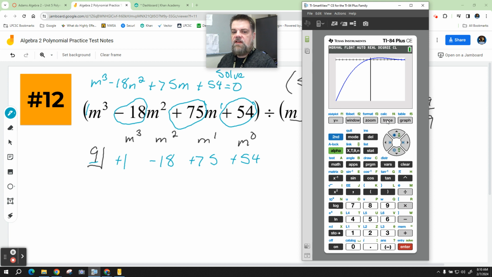Now, one way to check for sure is if I hit trace, hit the trace button, which is right there, highlighted in red, and then I just simply enter in 9. So now what this does is it tells the calculator, go on the graph to where x equals 9, and then tell me what the corresponding y value is. What point is on the graph when x equals 9? So if I hit enter, see how that says y equals 0? So I'm going to take a little screenshot of that.